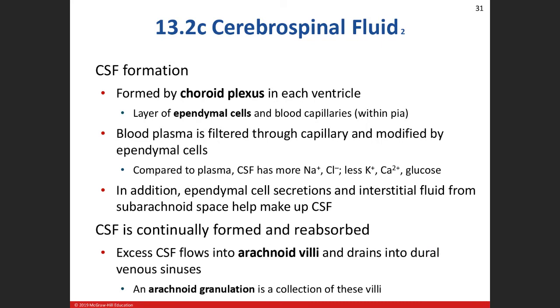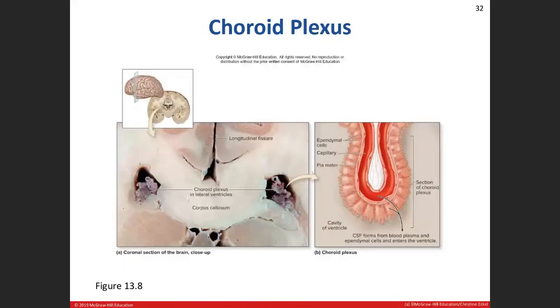So how do we make cerebral spinal fluid? We have to have this structure here, the choroid plexus, and those are found in the ventricles. And I'll show you a quick picture here. I'll come right back to the slide. So here you can see, here's the choroid plexus. It's just a grouping here of these ependymal cells. And if we zoom in even further, you can see here, you've got a capillary here, and then it's lined by these ependymal cells.